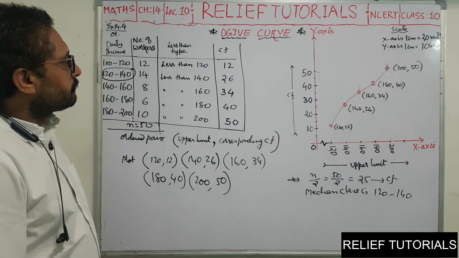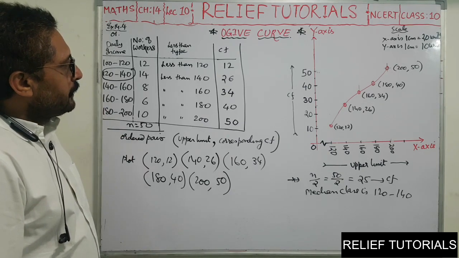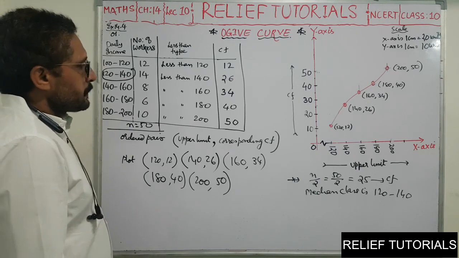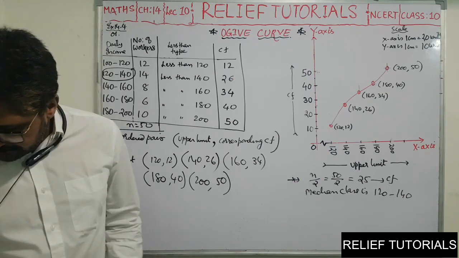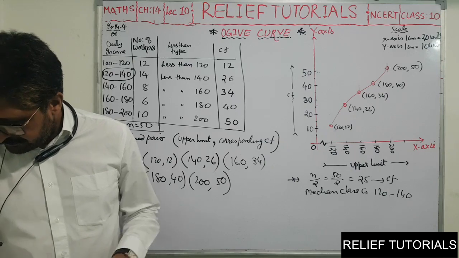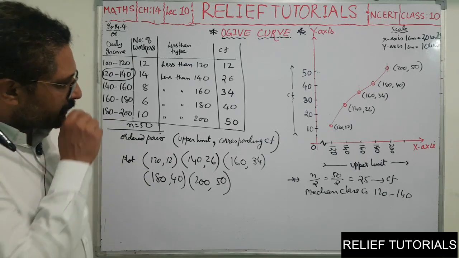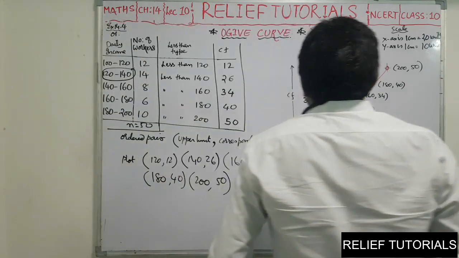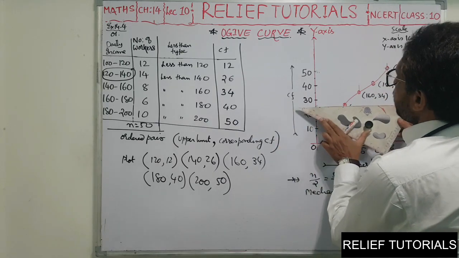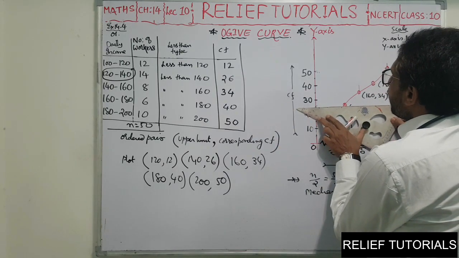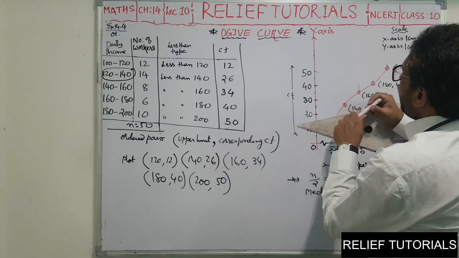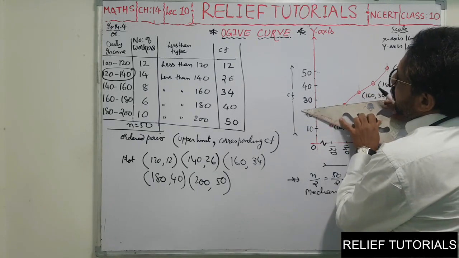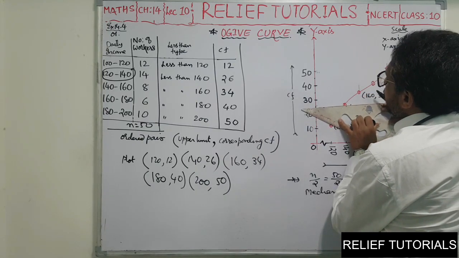So now what I will do, see here, just we will draw a graph. I will select 25. Where will you get 25? Here there will be somewhere 25. See, I have certain limitation.